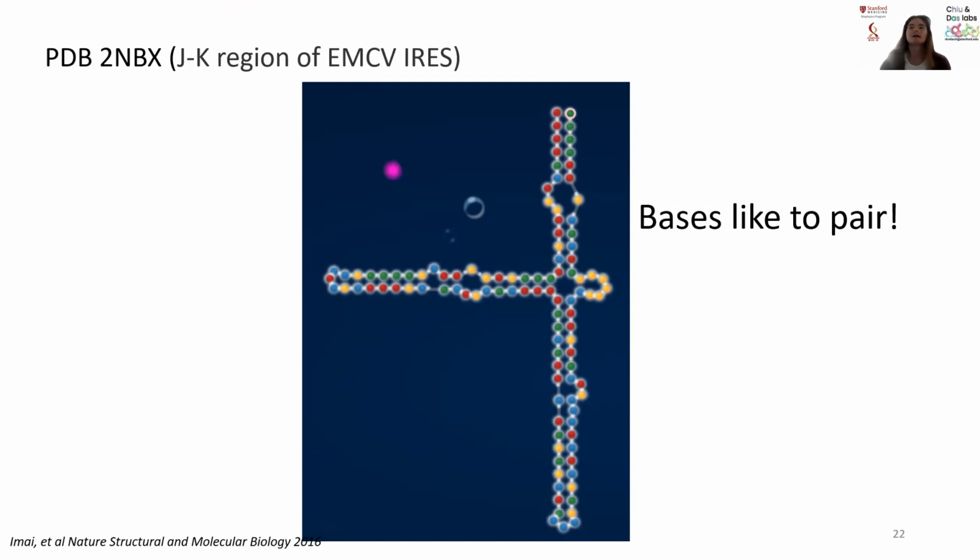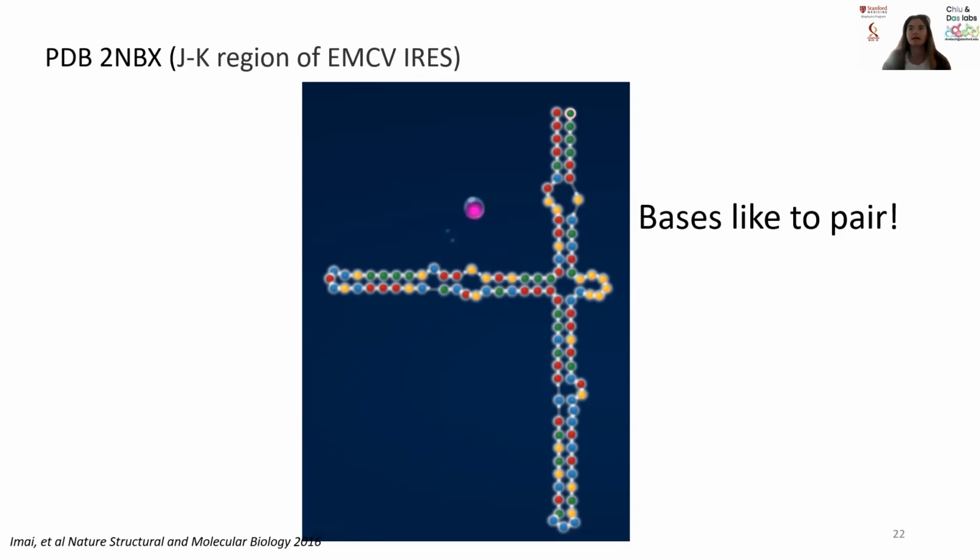And this is what it would look like if we were to design it in Eterna. We have a nice pair of stacks here, another one here, a third here, and then a little extra fourth over here. So we pretty much have a four-way junction with three large stacks, or in 3D, helices.